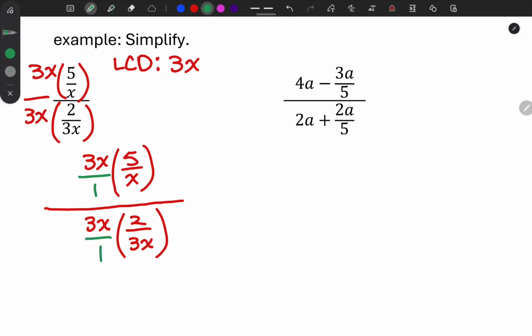But essentially by doing this, it gives me another way that I can look for something that can be divided out. So dealing with just the top fraction, the one in our numerator, is there anything that can be divided out? The x and the x, leaving 15 in our lower one.